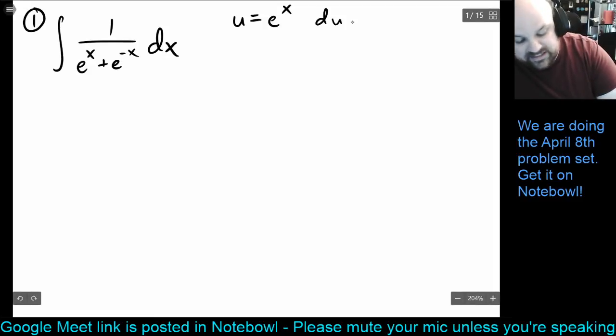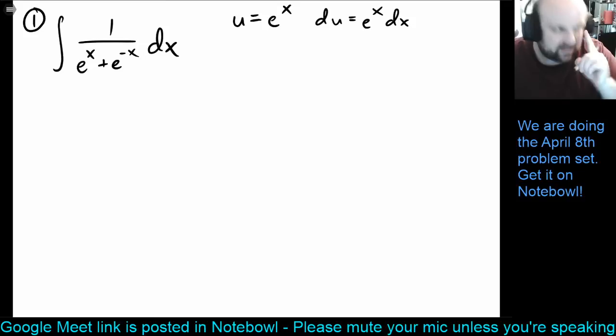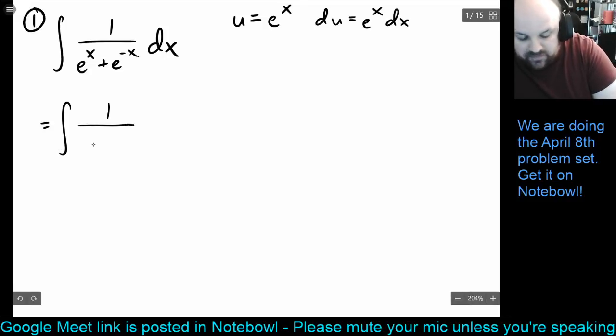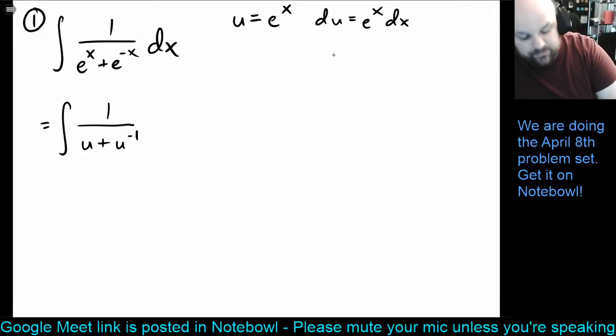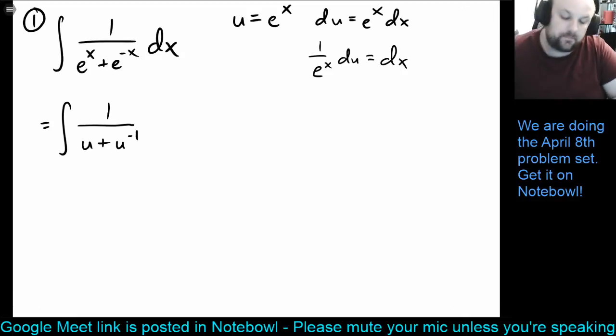Then if I pick du, that's going to be e to the x dx, which might cause a little bit of an issue, but let's see what we can do. When I plug all this in, I get 1 over u plus u to the negative 1. Now the dx, if I move this over, is 1 over e to the x du equals dx. I just divide the e to the x over.